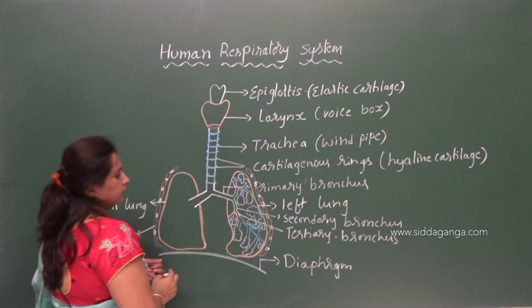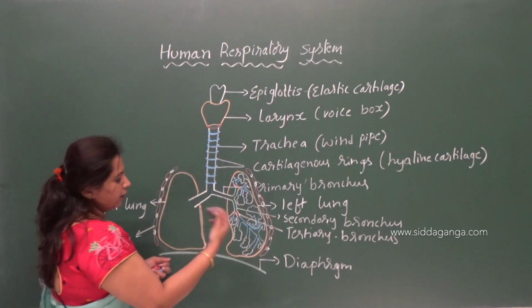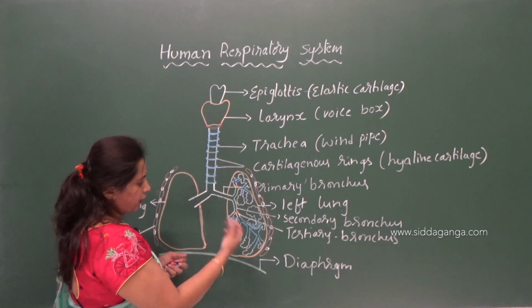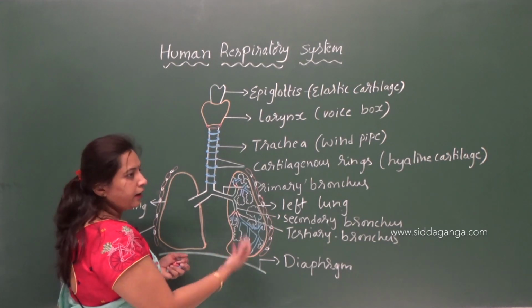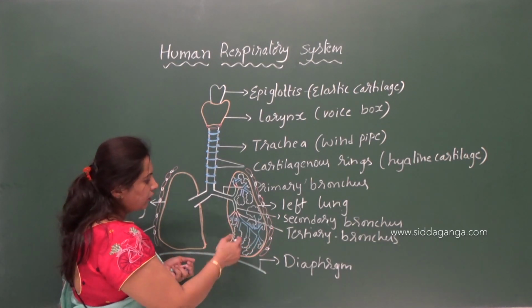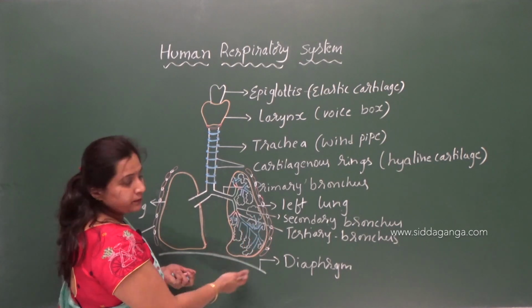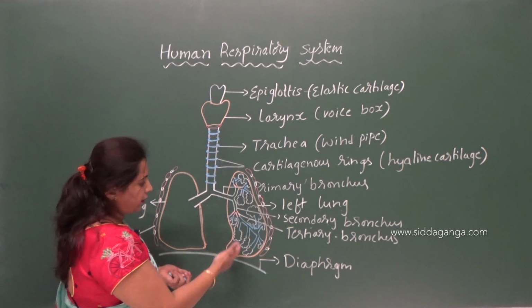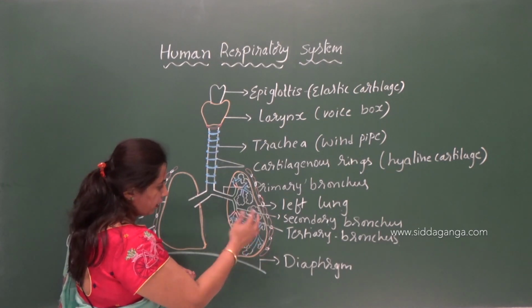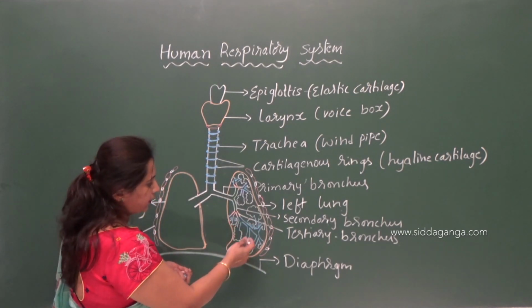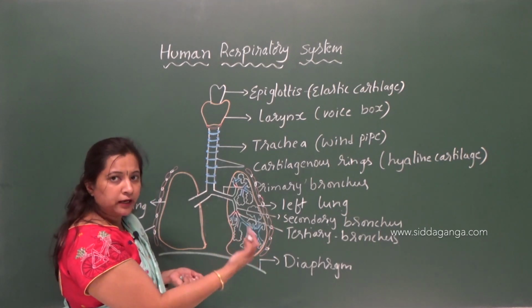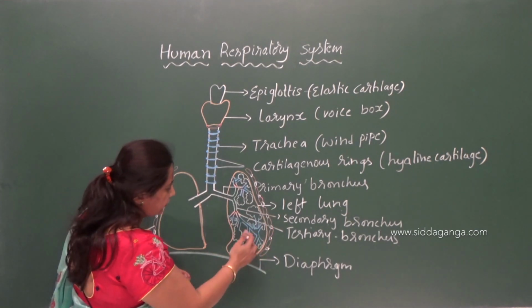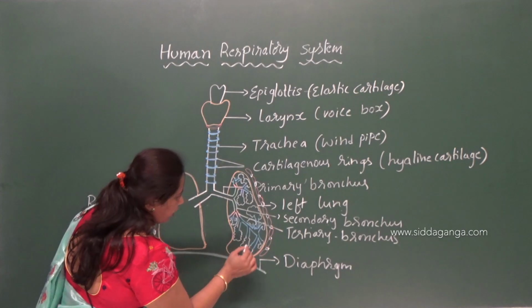So the bronchioles in turn divide to form terminal bronchioles, the terminal bronchioles into respiratory bronchioles, and respiratory bronchioles into alveolar ducts, then the atria, and then the atria will open into the alveolar sacs.